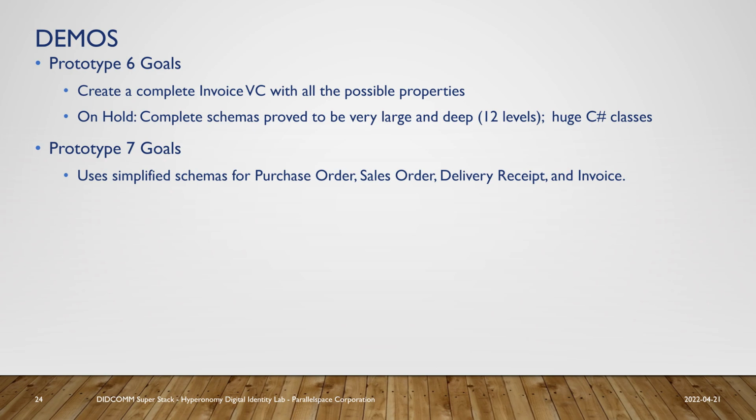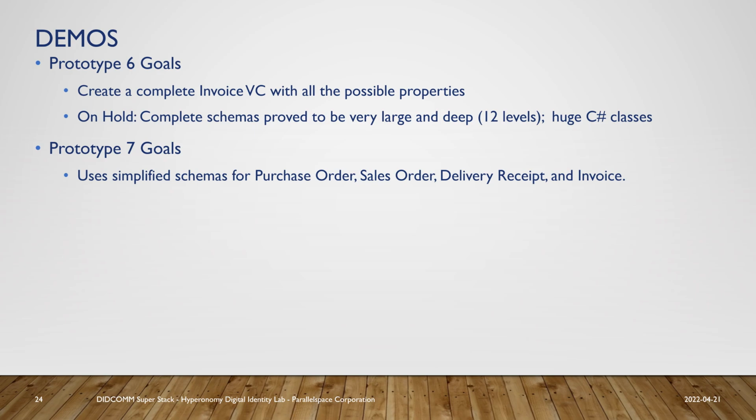And it turns out that the subtypes are some 12 layers deep, and it produced enormous structured credential objects. And as a result, some huge automatically generated C# classes.